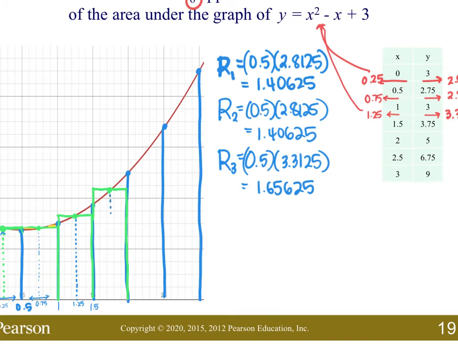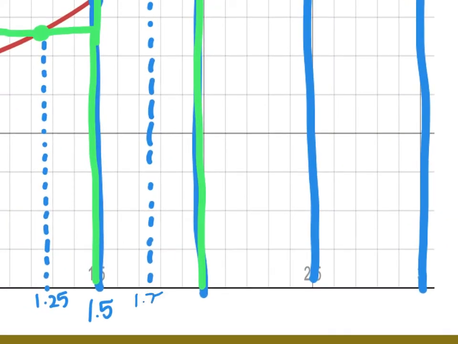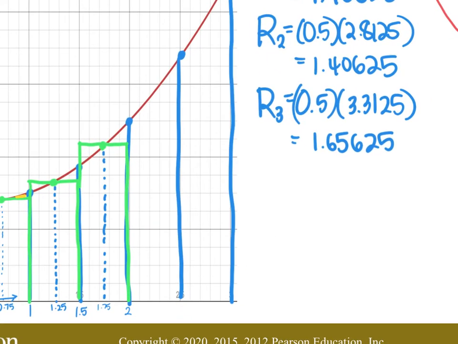It's directly above the value 1.75. This will be 2. I'm going to draw all mine right now while I've got it, okay? So this one will be partially above, partially below. And it is directly above, coming down the middle here, 2.25.